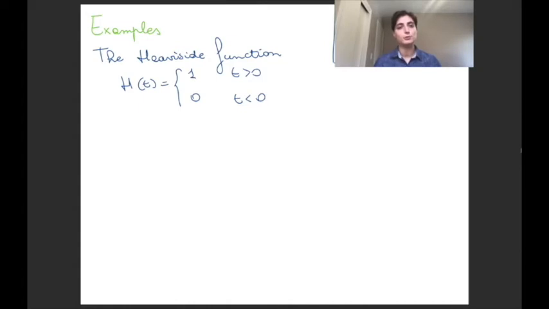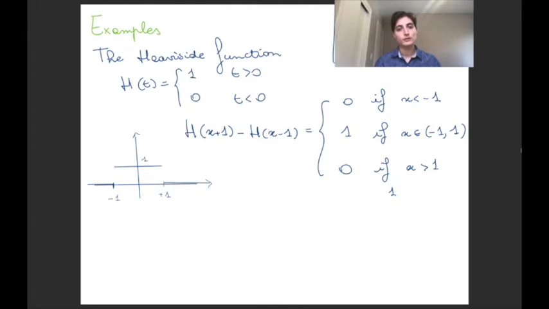As a first example, we can look at the Heaviside function, the function that is 0 before 0 and 1 after 0. We want to take the difference between two Heaviside functions shifted at plus 1 and minus 1.